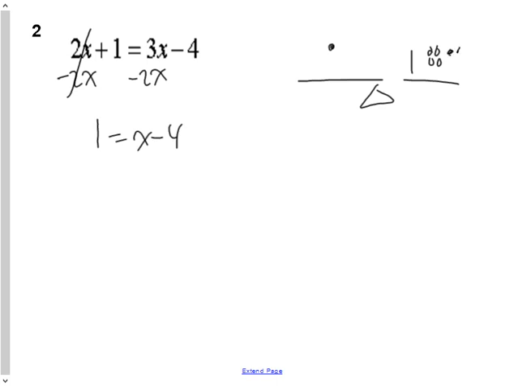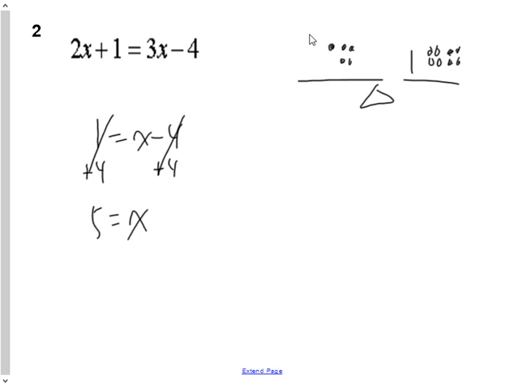I would then add 4 to both sides. Oh, sorry, I put a line through that. Put a line through that instead. 5 would equal x. I could go back and check just to make sure I am right. So 2 times 5 is 10, plus 1 is 11. 3 times 5 is 15 minus 4, which is also 11.